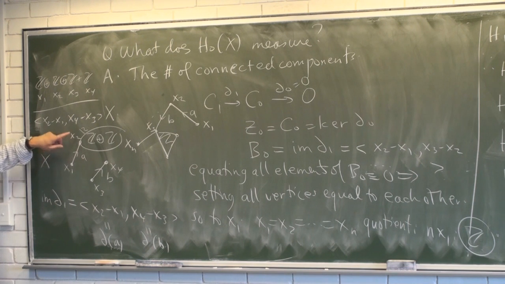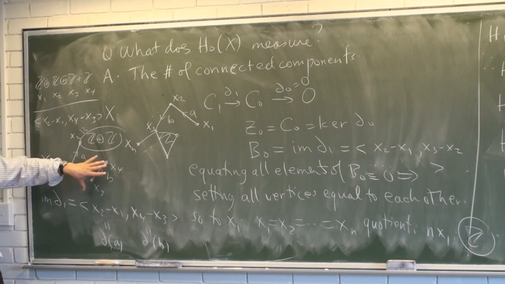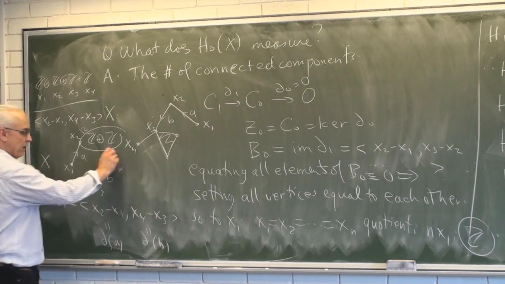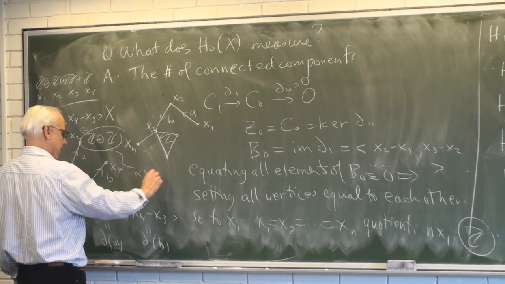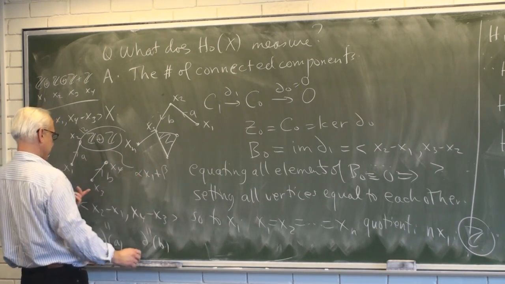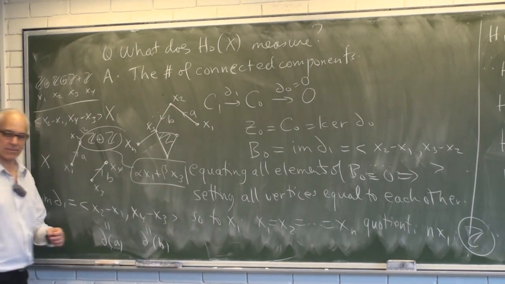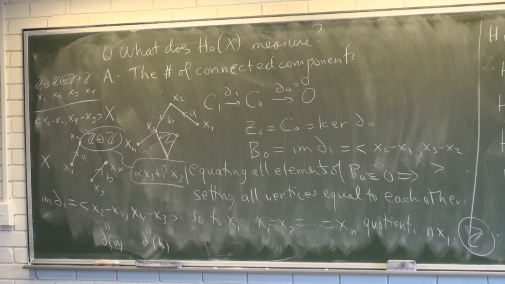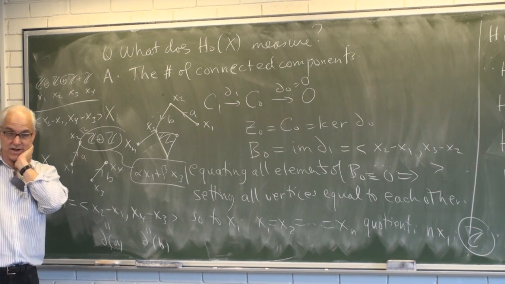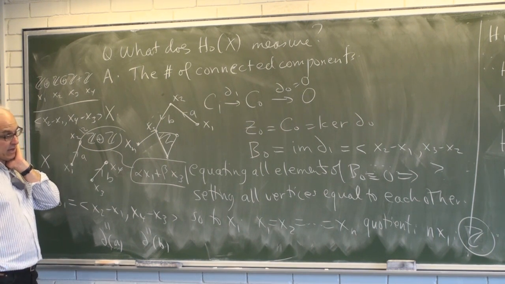All the vertices in this component are identified, and all the vertices in that component are identified, and the typical element looks like alpha x1 plus beta x3, say. So that's what H0 measures, and we expect H0 to be Z whenever we have a connected space.